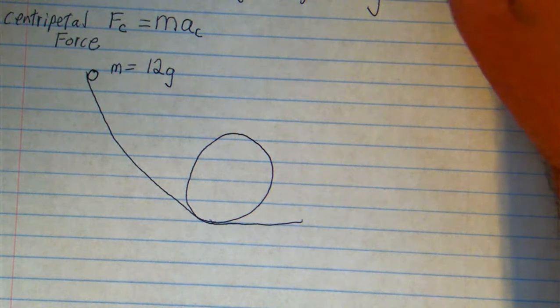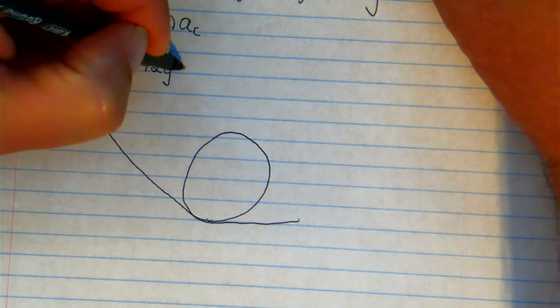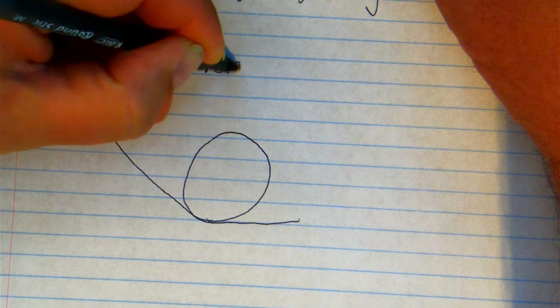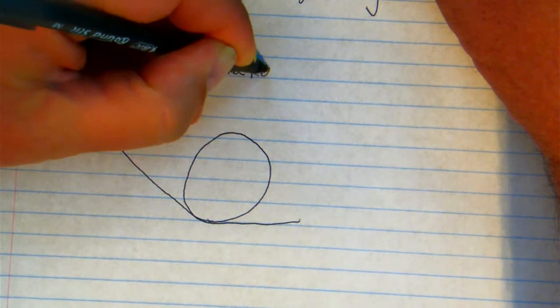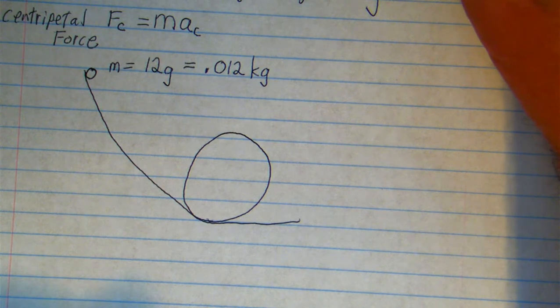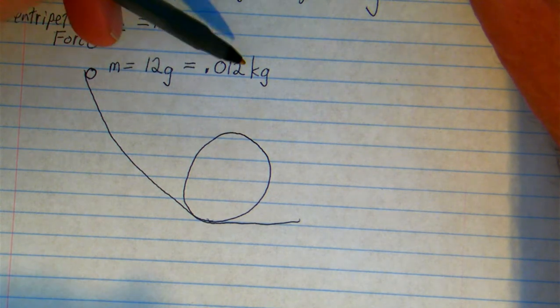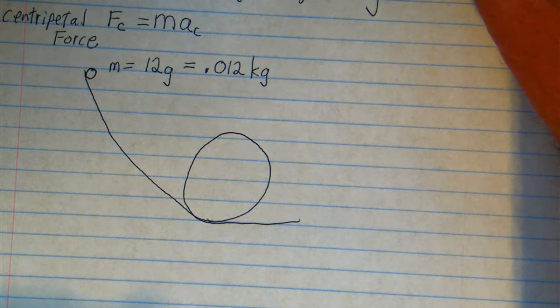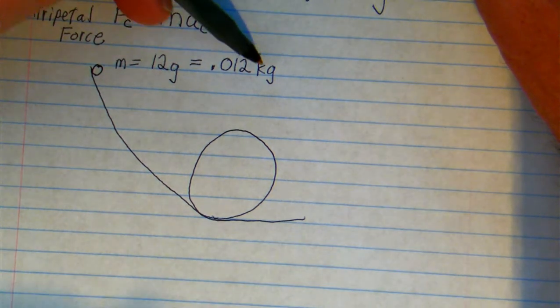And I remind all of you interested students that 12 grams is 0.012 kilograms. Because there's 1,000 grams in a kilogram, you move the decimal point 3 places to the left when converting from grams to kilograms.